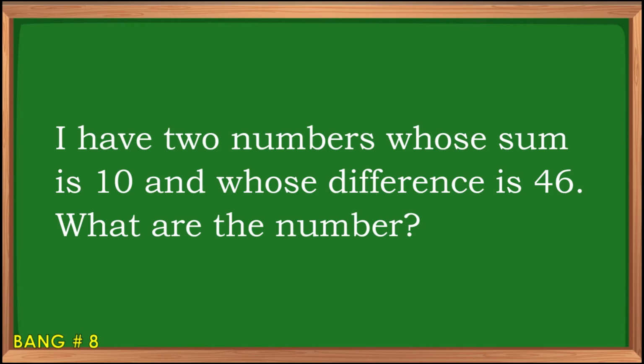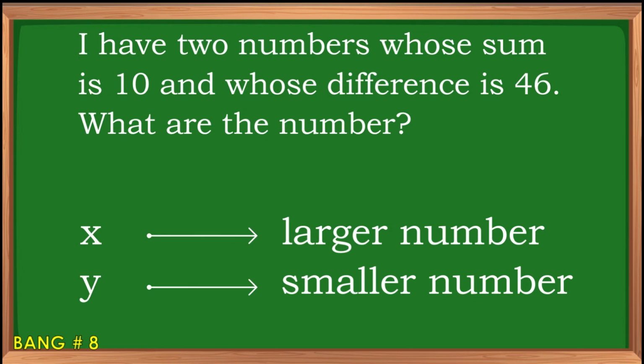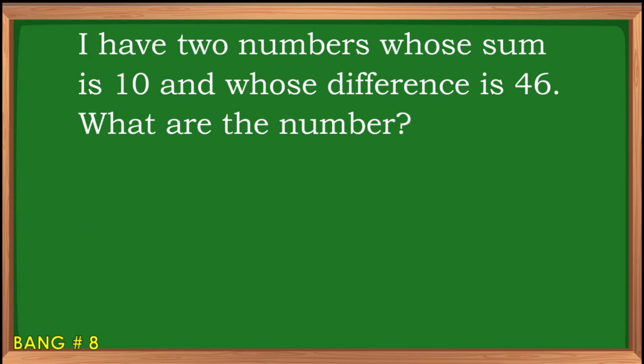Let us try this. I have two numbers whose sum is 10 and whose difference is 46. What are the numbers? First, we need to understand the problem. Then, we let x be the larger number and y be the smaller number. With this, we can now write our equations.